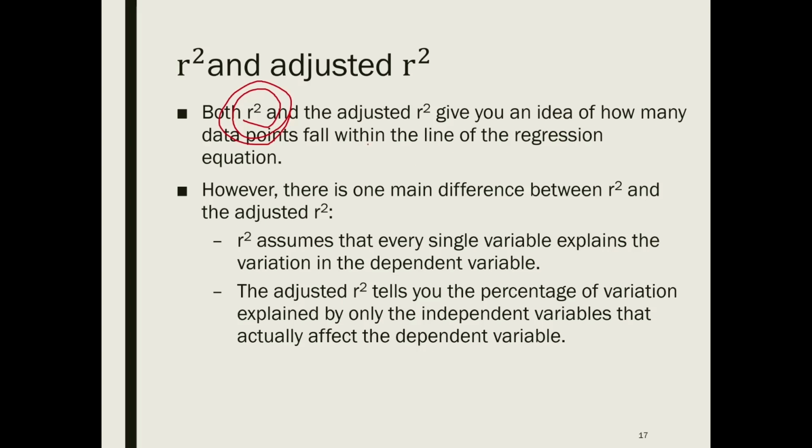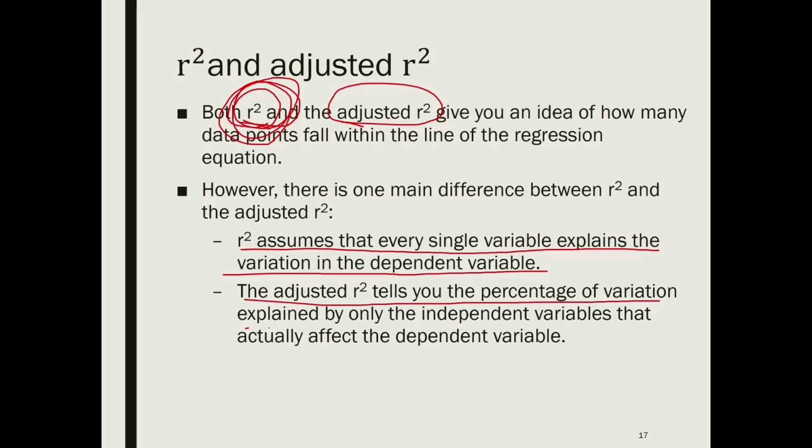And also in the stats software, most likely in linear regression, you will see an R-square and an adjusted R-square. There is a difference between them. R-square assumes that every single variable explains the variation in the dependent variable, while the adjusted R-square tells you the percentage of variation explained only by the independent variables that actually impact the dependent variable.